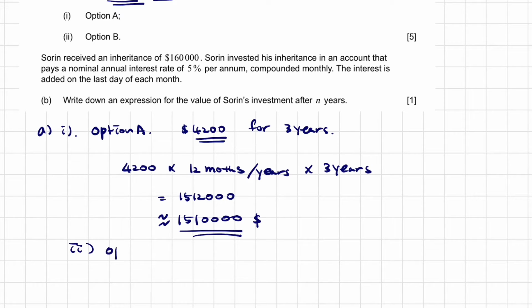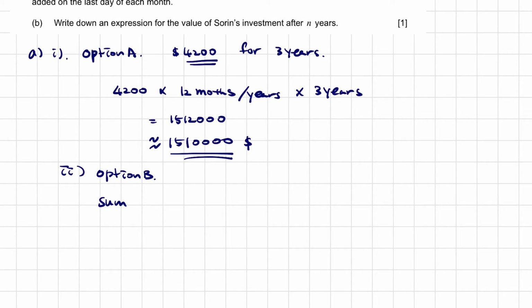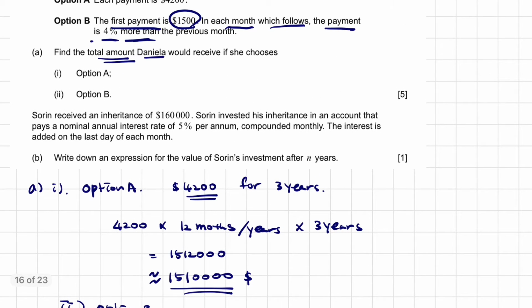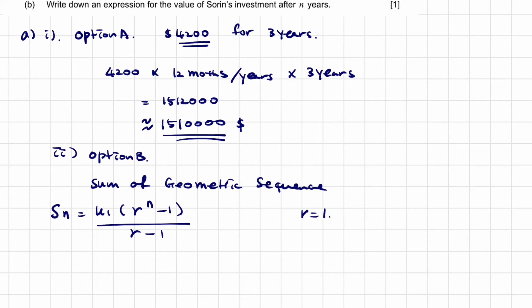Okay. Then when she chooses option B, we know that the first payment is $1,500, and each month the payment is 4% more than the previous month, right? So for this question, we need to use the sum of the geometric sequence formula. That means we have to use the formula Sn equals U1 times r to the power of n minus 1, over r minus 1. Since this person gains 4% more than the previous month, we know that the r value is equal to 1.04.